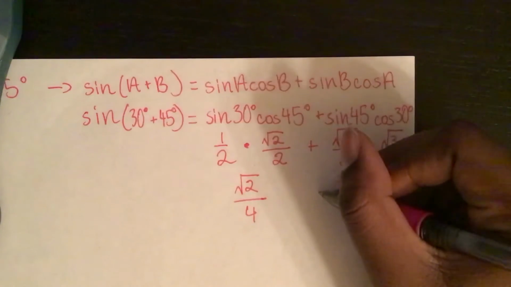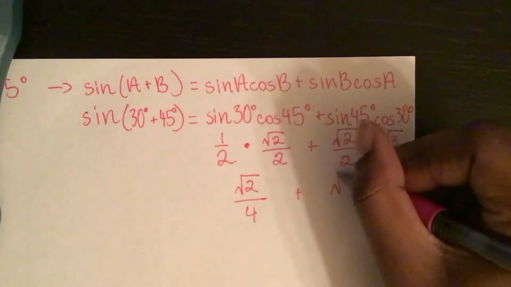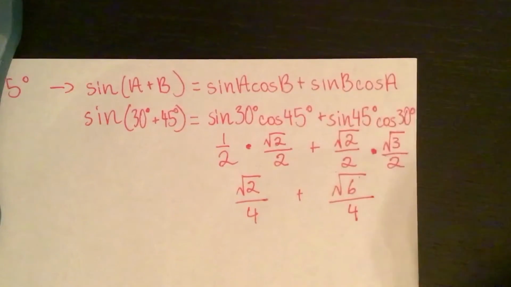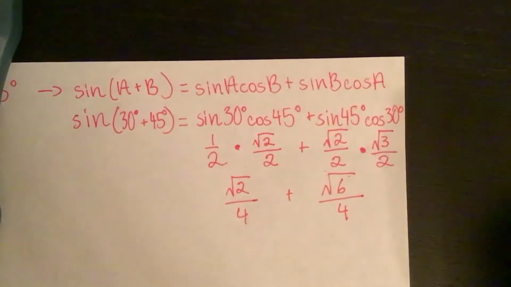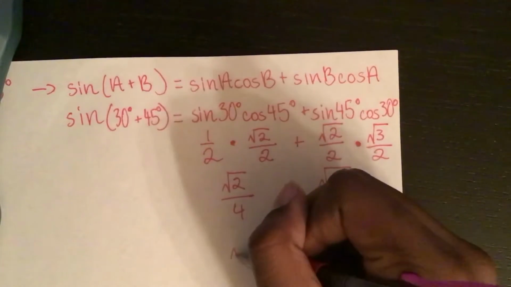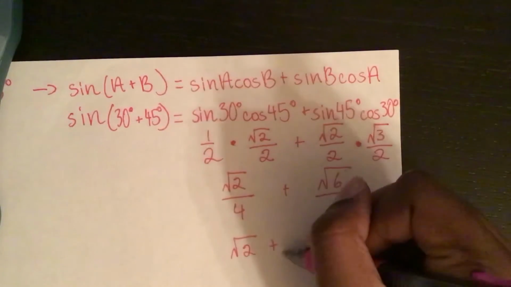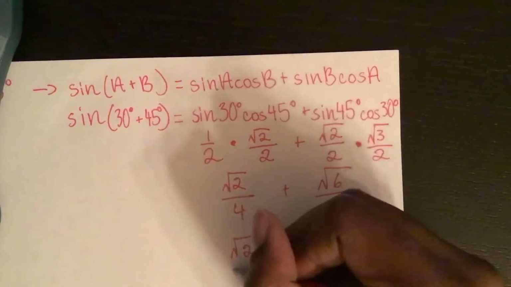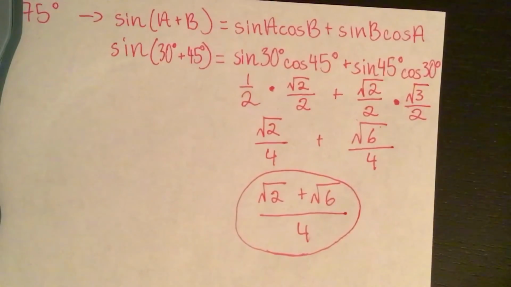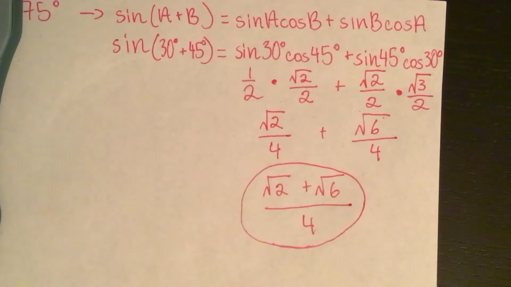That's going to be the square root of 6 over 4. When you add the square root of 2 over 4 plus the square root of 6 over 4, you get square root of 2 plus the square root of 6 over a common denominator of 4. So our final answer is just going to be the square root of 2 plus the square root of 6 over 4.